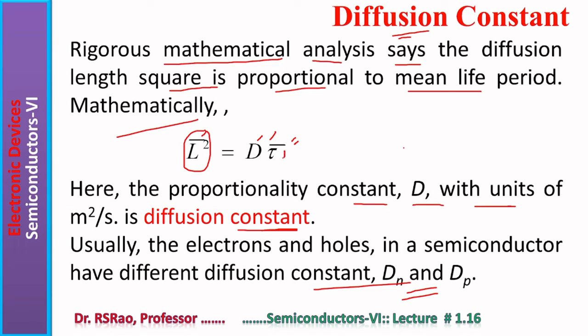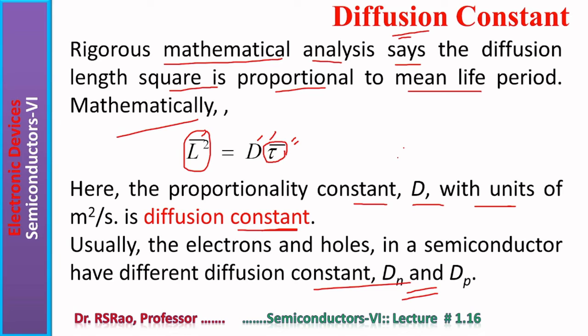Now, what is tau bar? From generation to recombination, from birth to death, there exists a certain duration. That duration varies from electron to electron, from hole to hole.